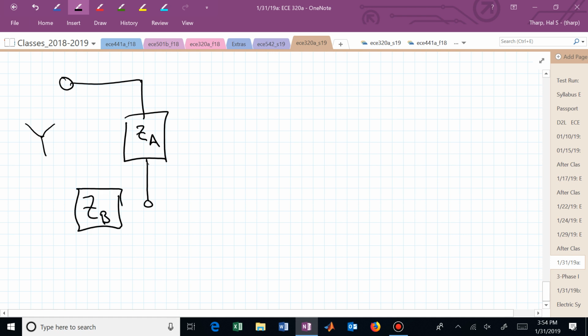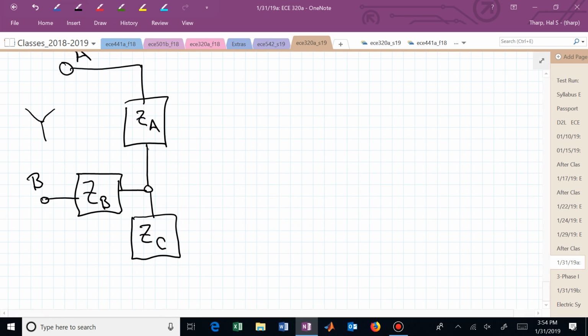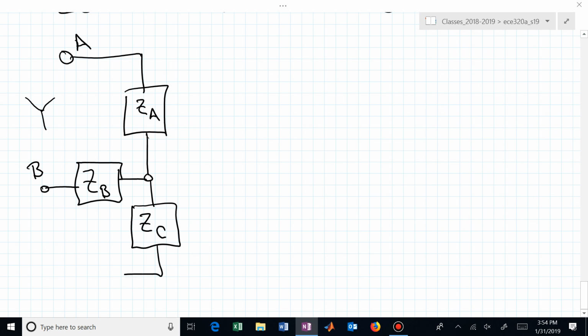Here's the B phase, and here's the C phase, and these are supposed to be capitalized so that this terminal now is the A, the B, and the C. That's the Y connected load impedance. And Z sub A, if they're balanced, looks the same as Z sub B, looks the same as Z sub C. If it's unbalanced, they may look completely different.